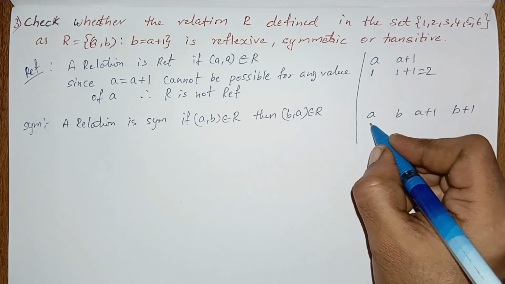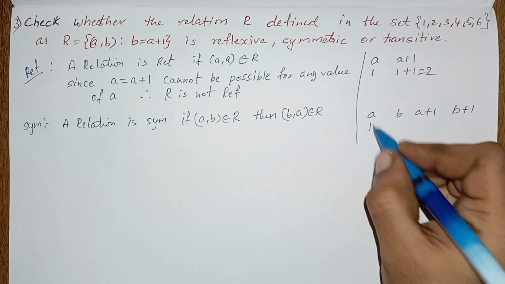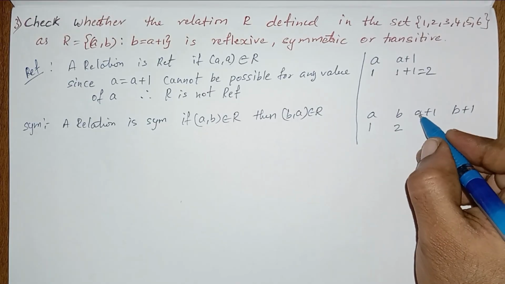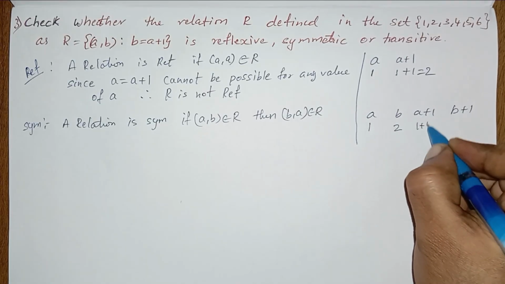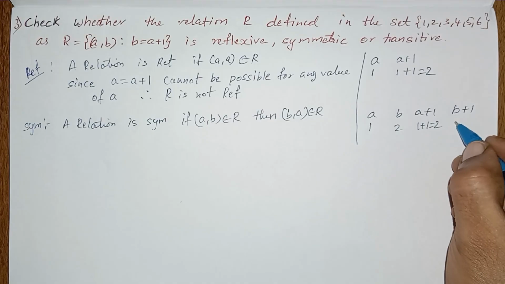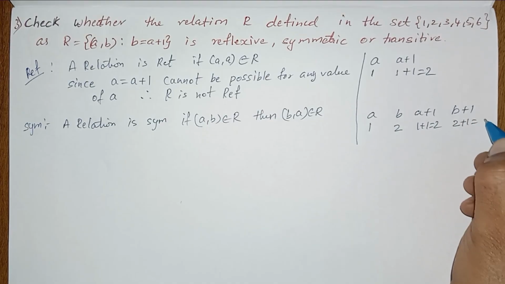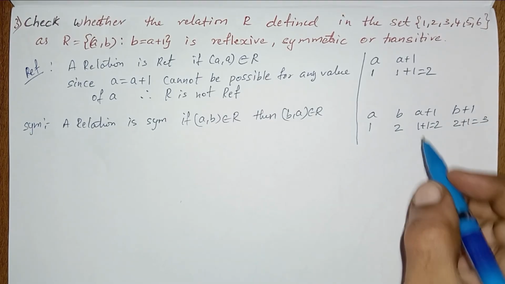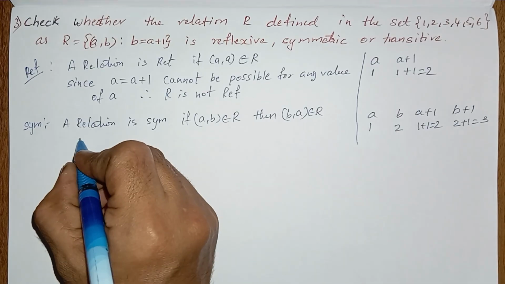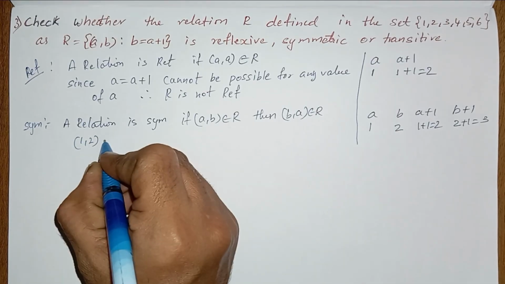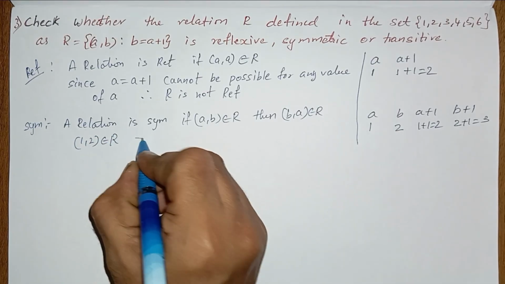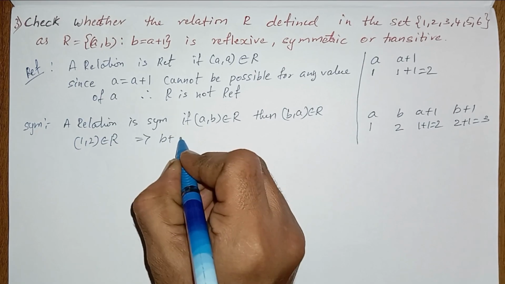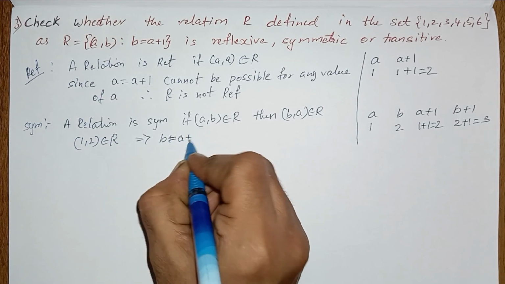If I take the value of A as 1 and B as 2, so A is 1, plus 1 is 2. The B value is 2, so 2 plus 1 is 3. So if 1 comma 2 belongs to R, that implies B is equal to A plus 1.